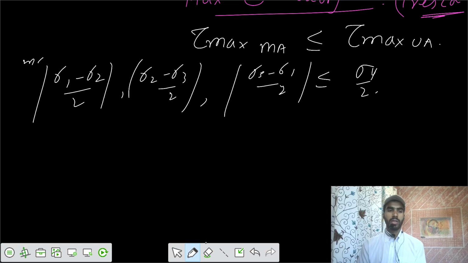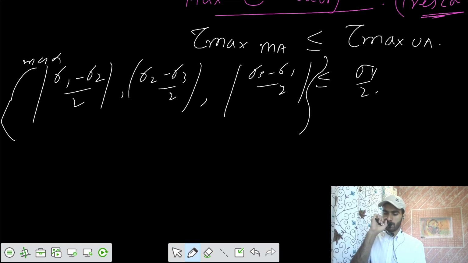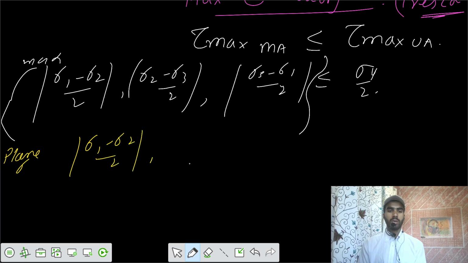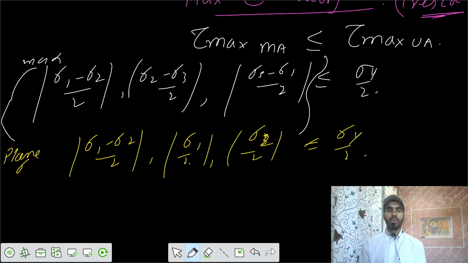The maximum of these three is tau max absolute, and that should be less than or equal to tau max in uniaxial loading. For the plane stress condition, we can write sigma 1 minus sigma 2 by 2, sigma 1 by 2, and sigma 2 by 2, all should be less than or equal to sigma y by 2.